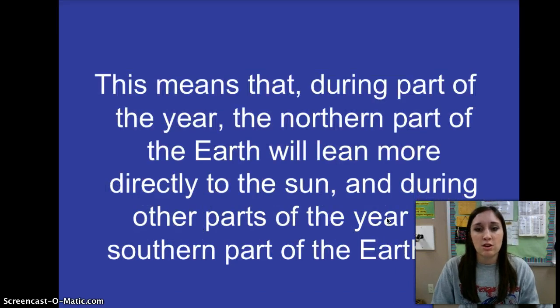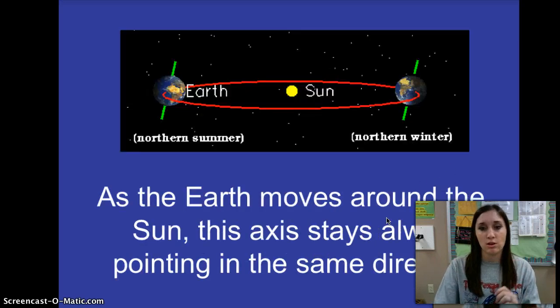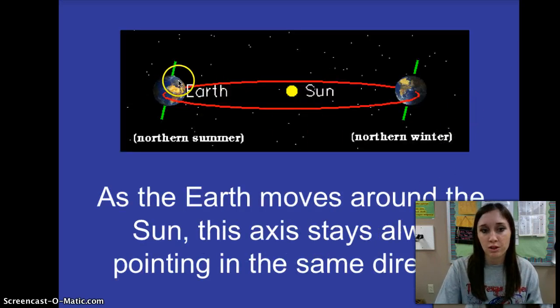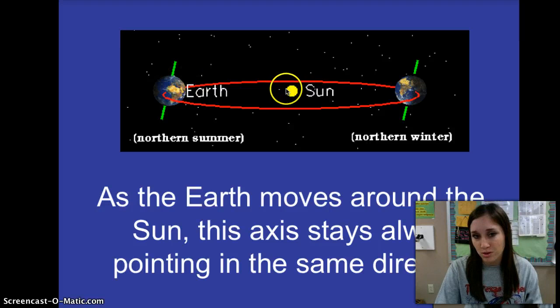This means that during part of the year, the northern part of the Earth will lean more directly toward the sun, and the southern part will not be directly toward the sun. If you look at this picture, the northern hemisphere is pointed more toward the sun than the southern hemisphere. So that's where we get our seasons.